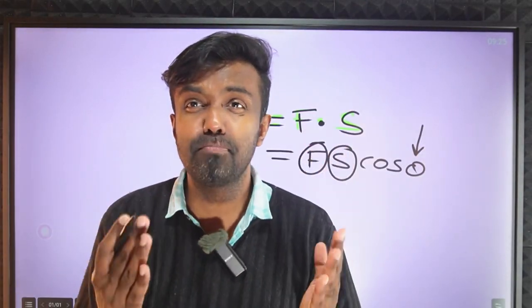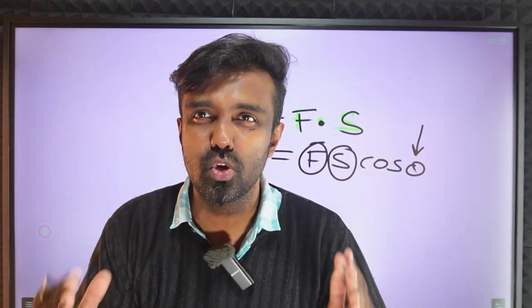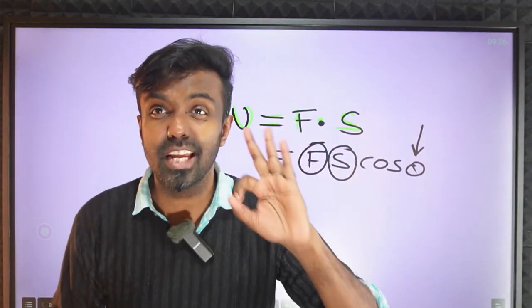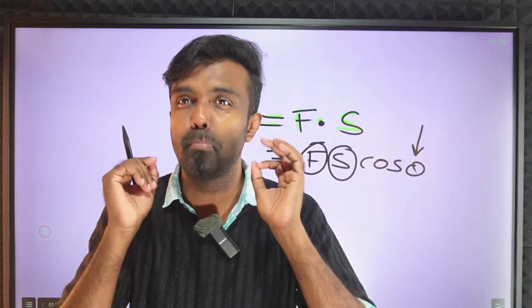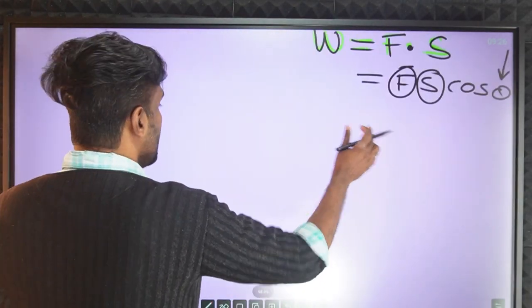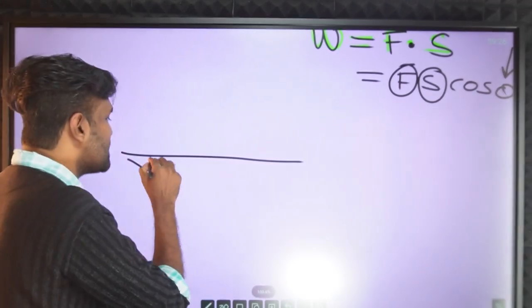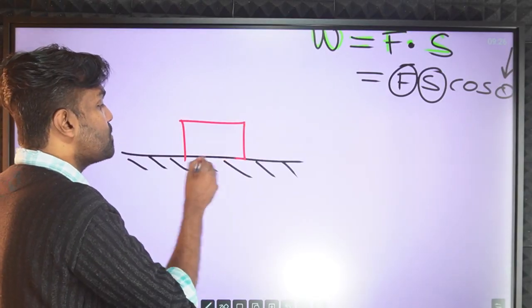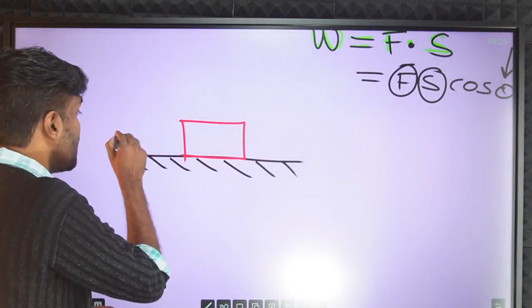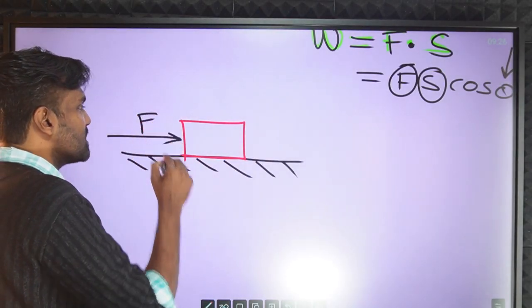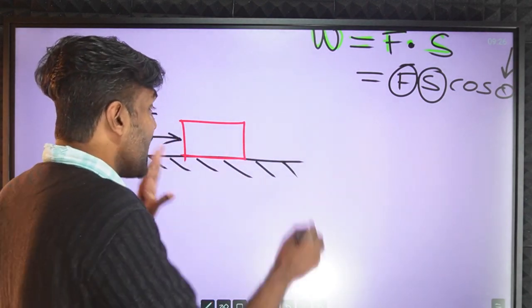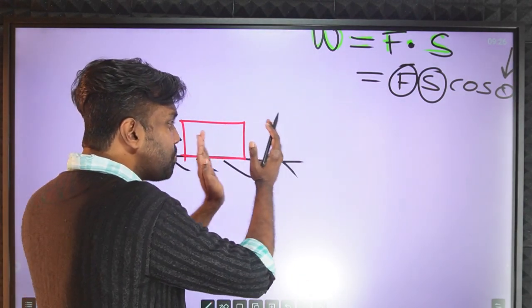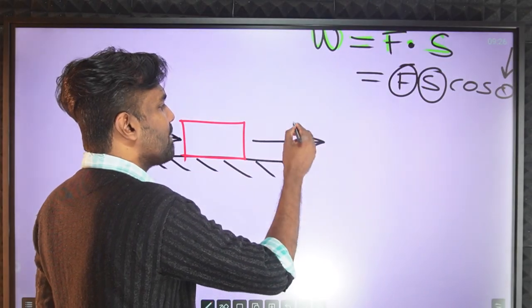Next is types of work. Guys, we have three types of work. First one is called positive work. Guys, listen to me. If it is positive work, just imagine this is a floor, and over the floor we consider an object, and you apply a force to that body, and the body displaces in the direction of that applied force.